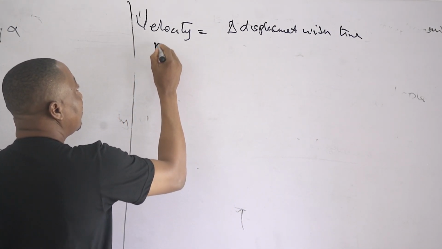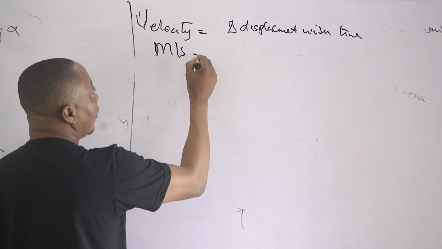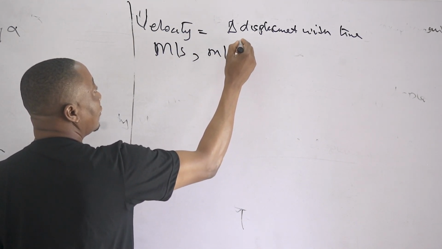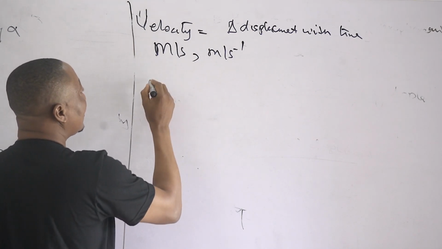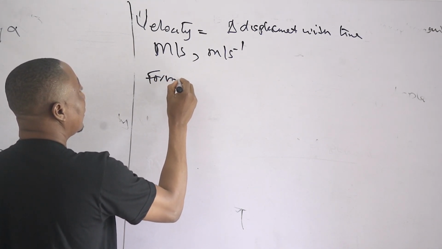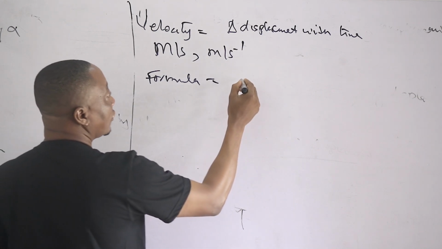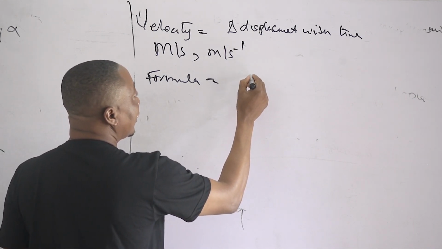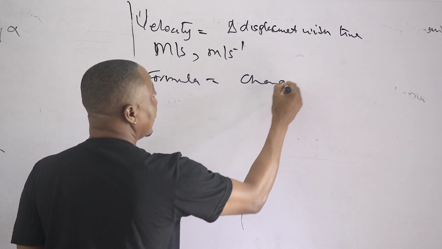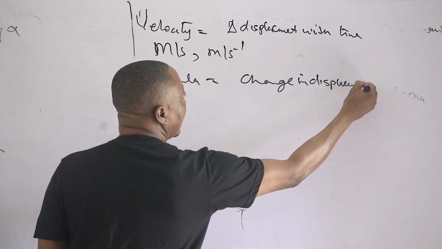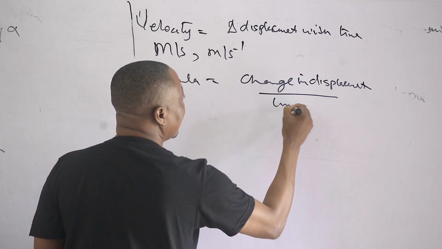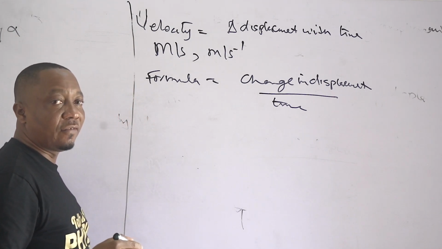Velocity is measured in meters per second, and the formula for velocity is the change in displacement all over time. That is the formula for velocity.